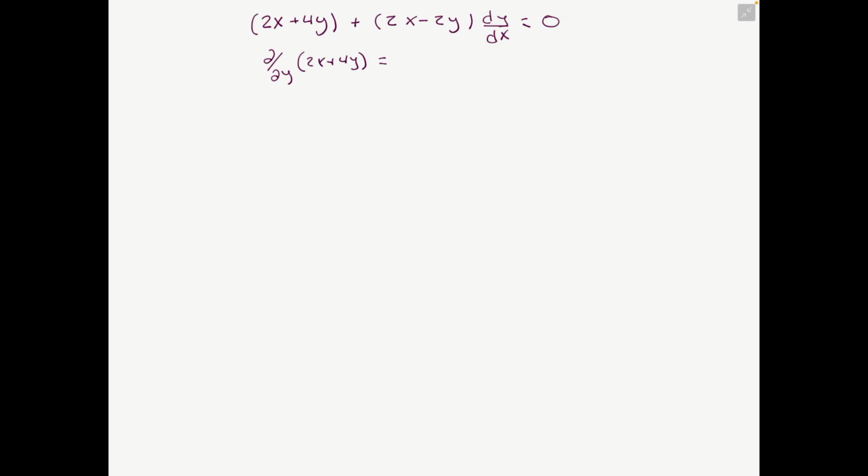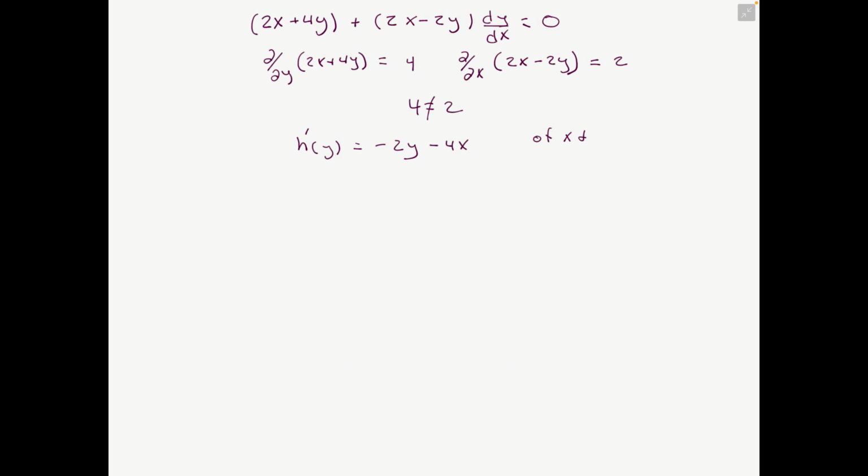So 2x plus 4y plus 2x minus 2y dy dx is 0. d/dy of 2x plus 4y is equal to 4, and d/dx of 2x minus 2y is equal to 2.